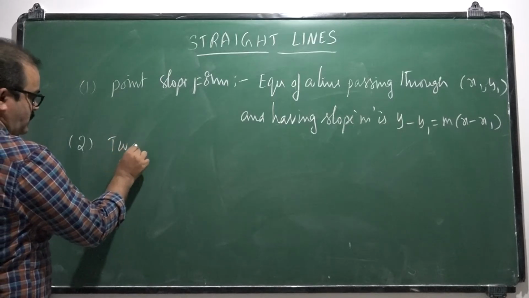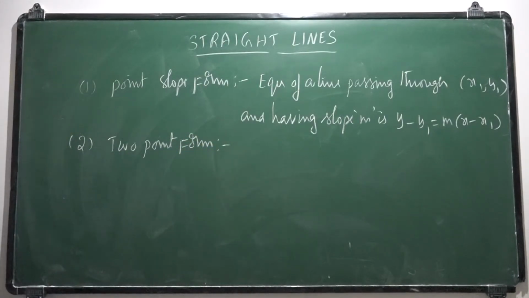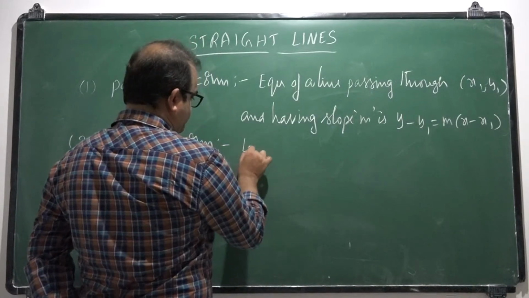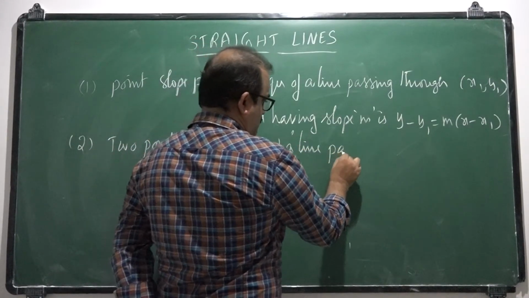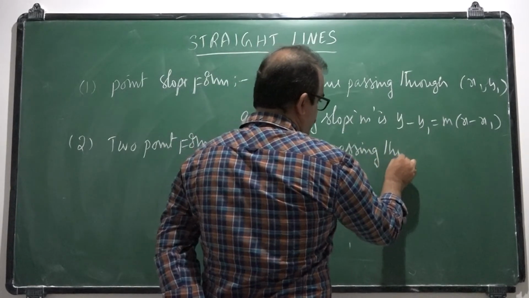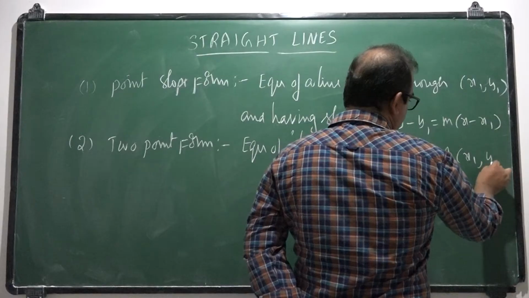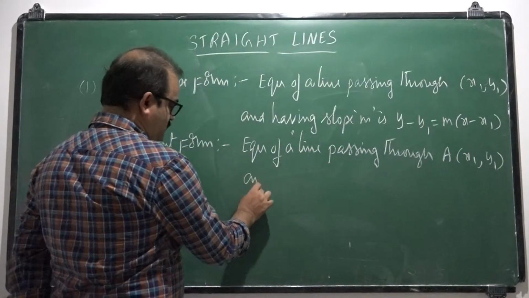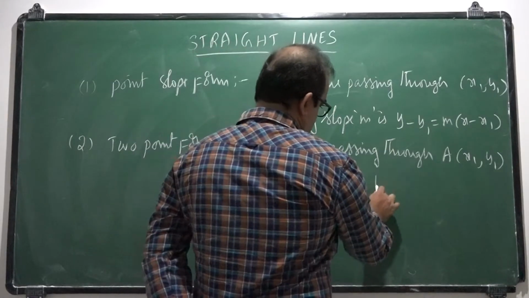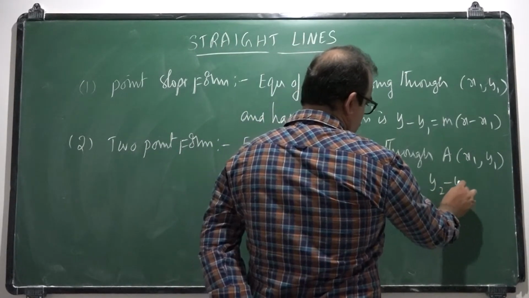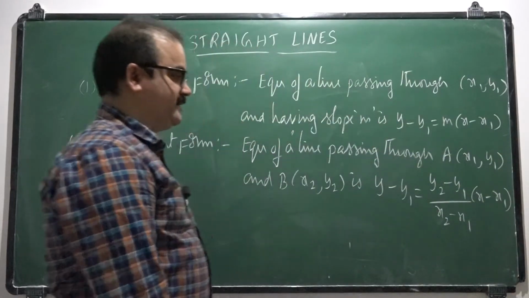Next, 2-point form. When 2 points are given, equation of a line passing through the points A x1 y1 and B x2 y2 is y minus y1 is equal to y2 minus y1 by x2 minus x1 into x minus x1.